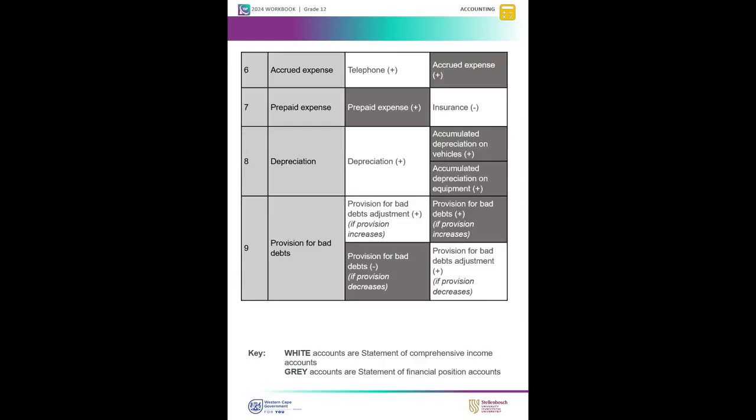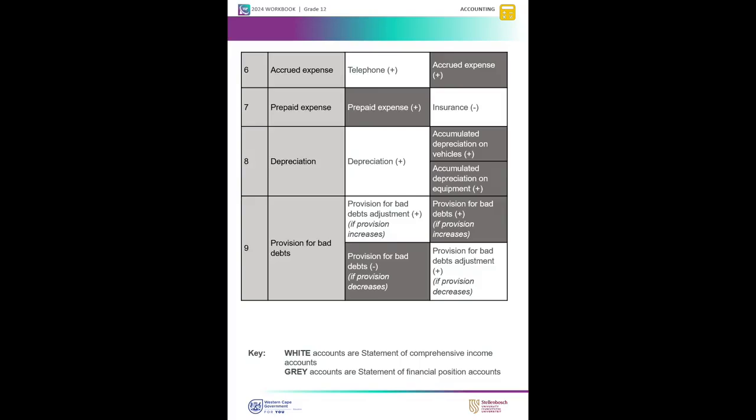We then have accrued expense. Now, what did I say? Accrued refers to outstanding expense, and that makes reference to expenses we must still pay. And you would notice we'll have our expense account. Our expense account will increase or be debited, and accrued expense will be credited.